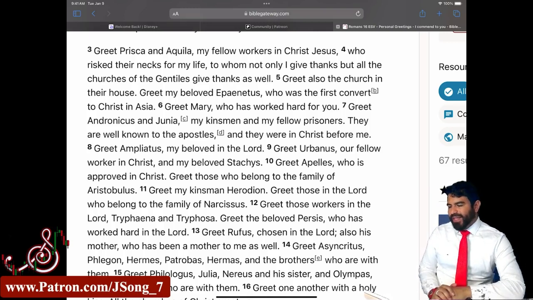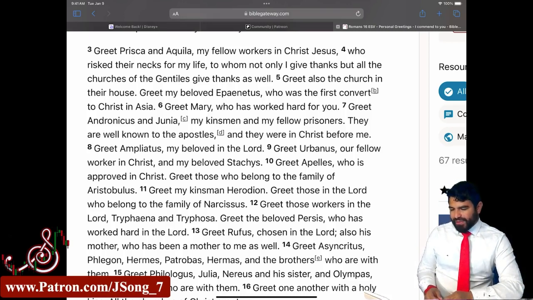Greet my beloved Epaenetus, who was the first convert to Christ in Asia. Greet Mary, who worked hard for you. Greet Andronicus and Junia, my kinsmen and fellow prisoners. They are known to the apostles, and they were in Christ before me. Greet Ampliatus, my beloved in the Lord. Greet Urbanus, our fellow worker in Christ, and my beloved Stachys.